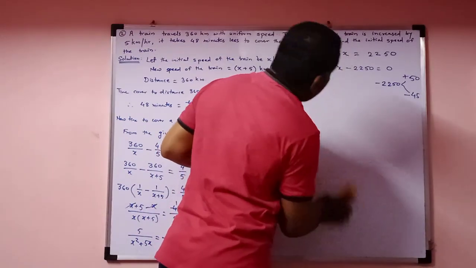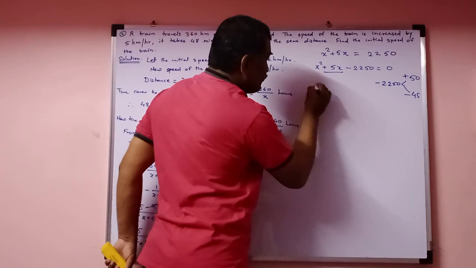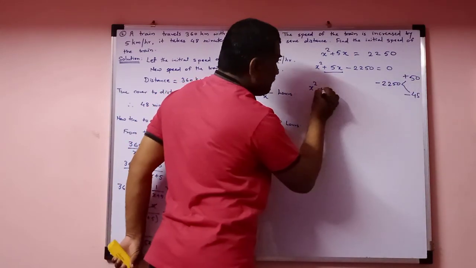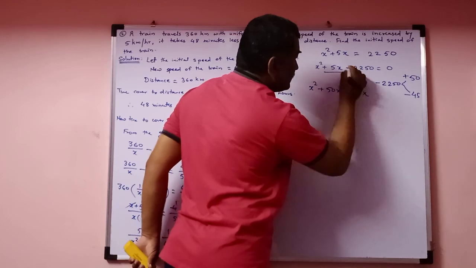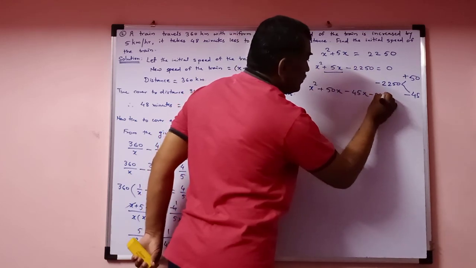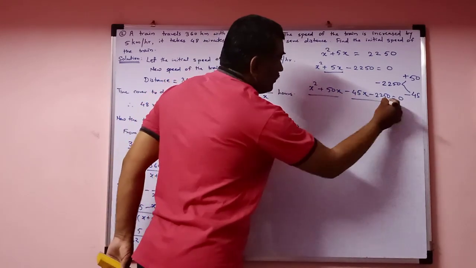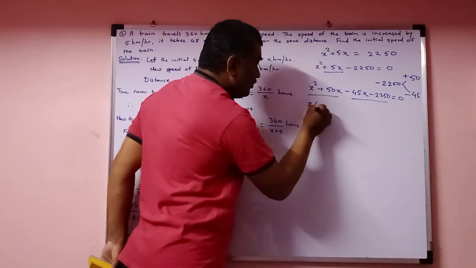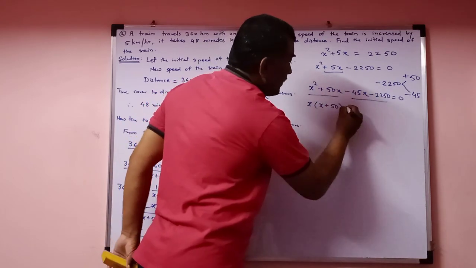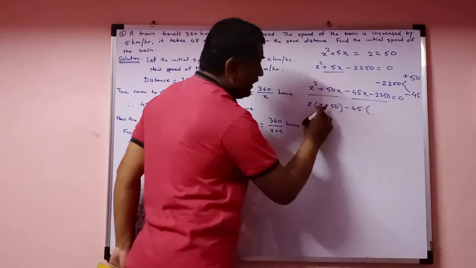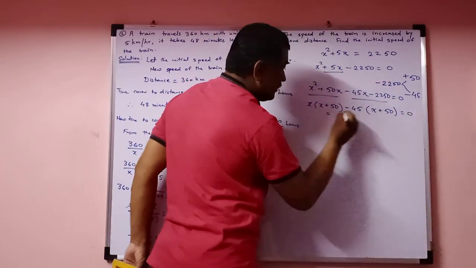Now here 5x is split. x square plus 50x minus 45x minus 2250 is equal to 0. Group of two numbers: common x into bracket x plus 50, common minus 45 into bracket x plus 50 is equal to 0.